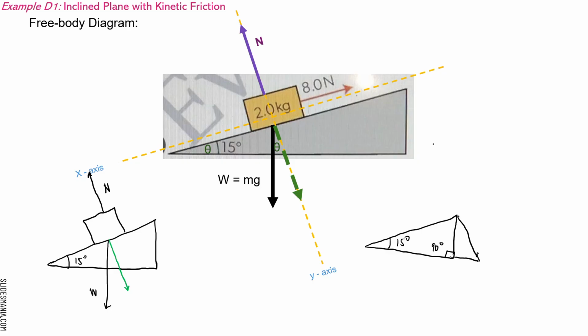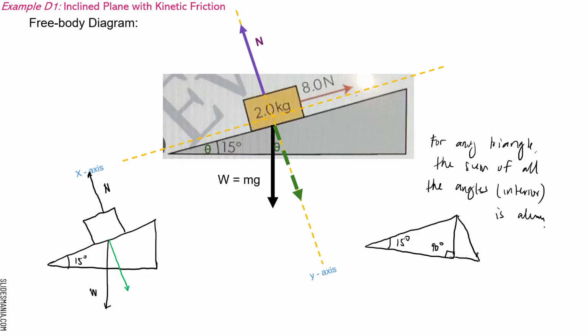Remember that for any triangle, the sum of all of the interior angles is always 180 degrees. This is for a regular triangle, okay?